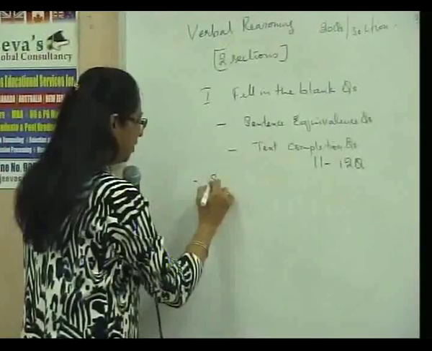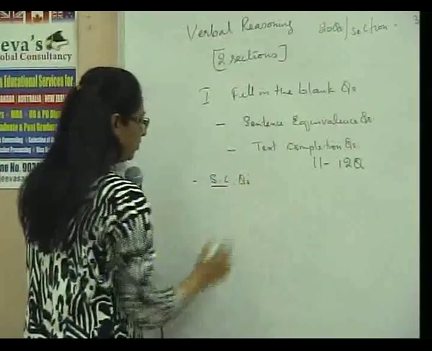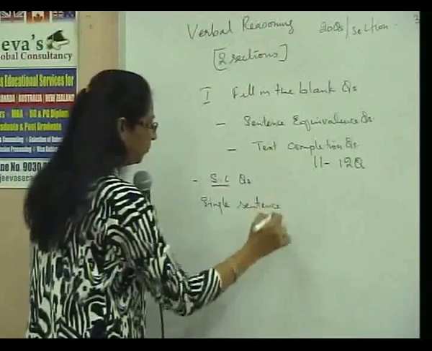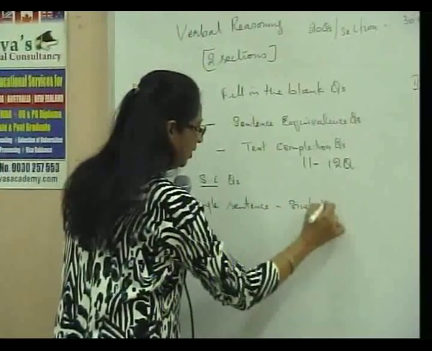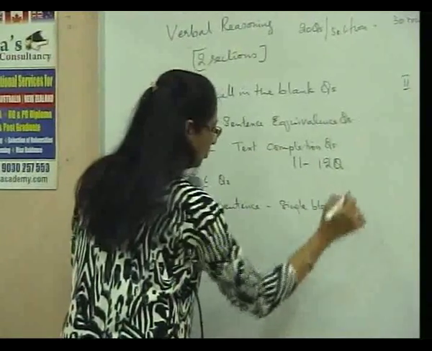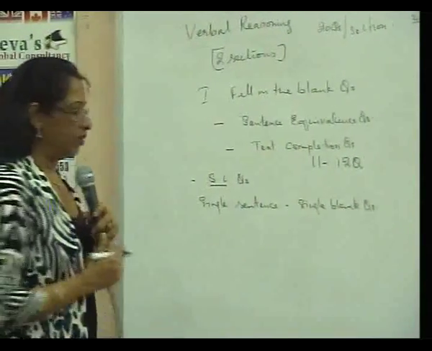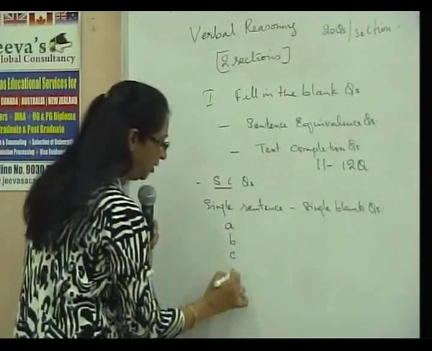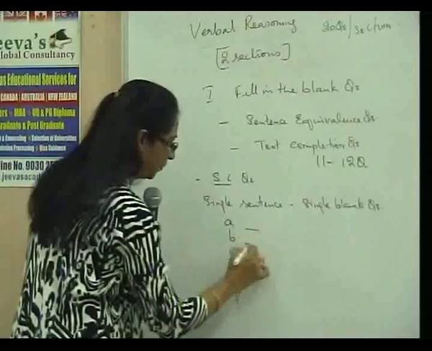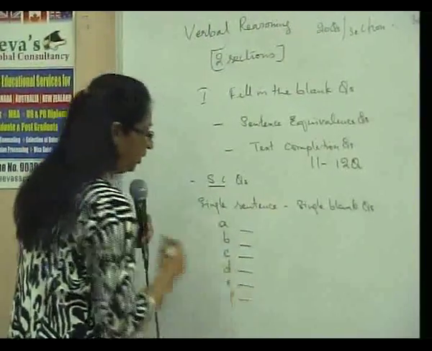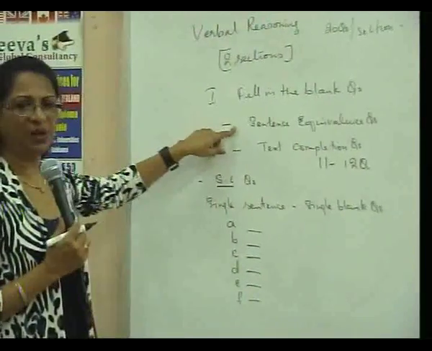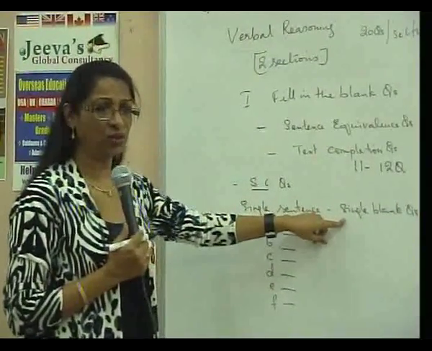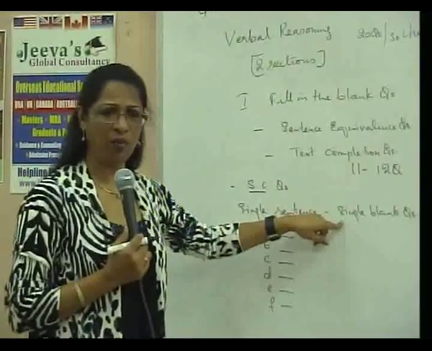The sentence equivalence questions are usually single sentence and single blank questions. For the single blank, you have 6 options: A, B, C, D, E and F. This particular question is called a sentence equivalence question because for this single blank, the test maker wants you to select 2 answers which are equally appropriate for the blank.